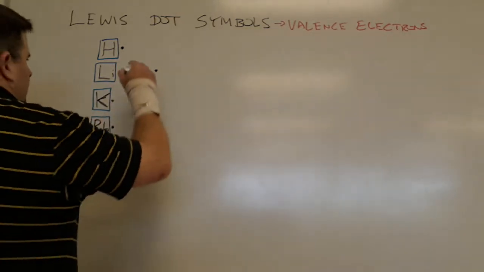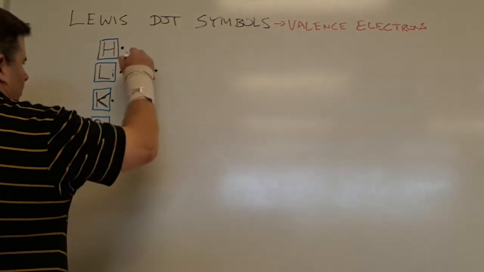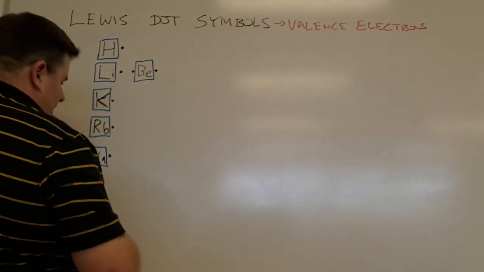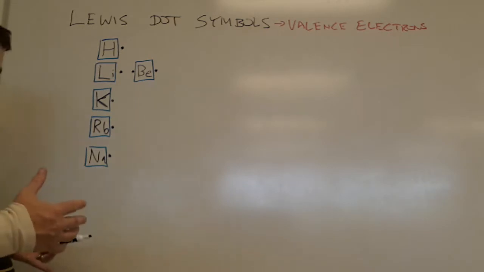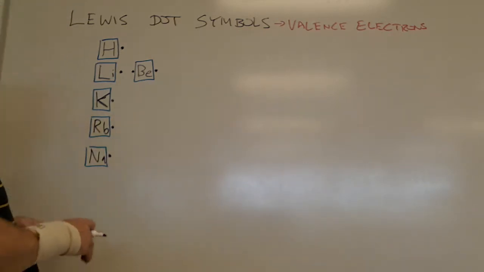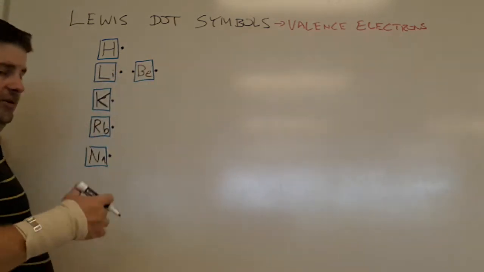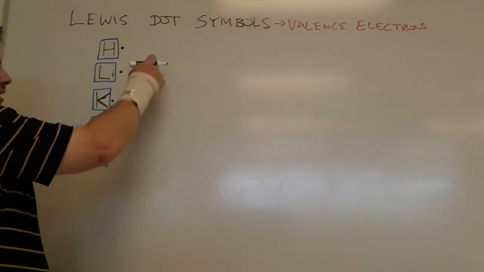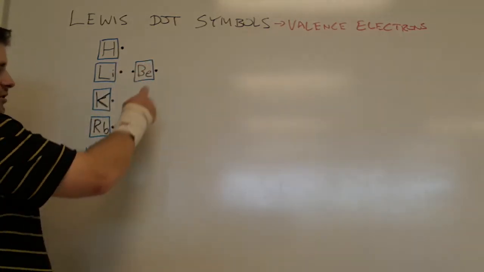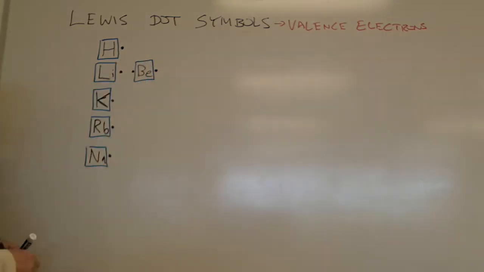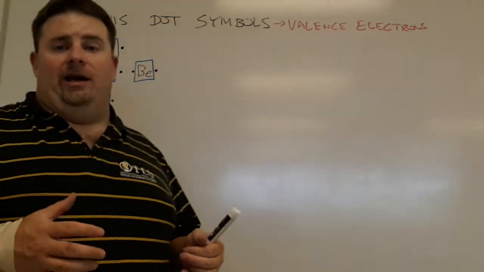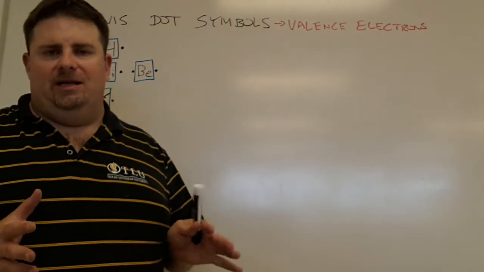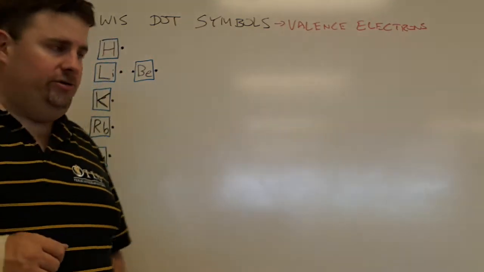For Lewis dot nomenclature, I'm going to write the 2 dots on one side, even though I know the 2 electrons are both in the s orbital, and I want them to be symmetrical. What I cannot do is put 2 dots on an atom to make them uneven. It doesn't work for Lewis dot structures.